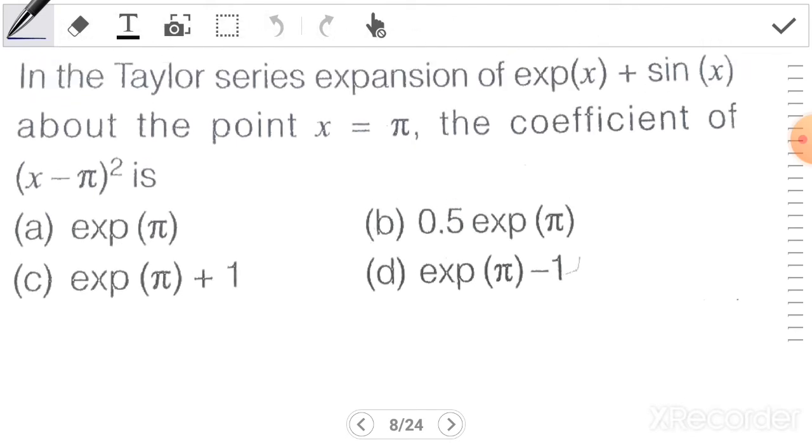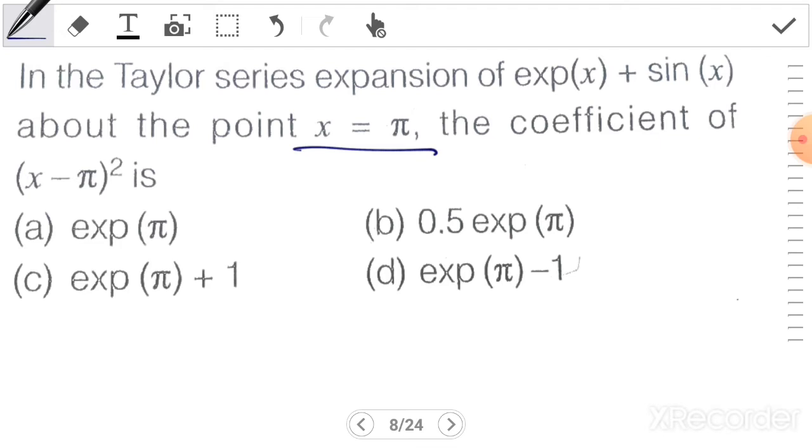So the next problem is: in the Taylor series expansion of exponential x plus sin x about the point x equal to pi, the coefficient of (x minus pi) whole square is.